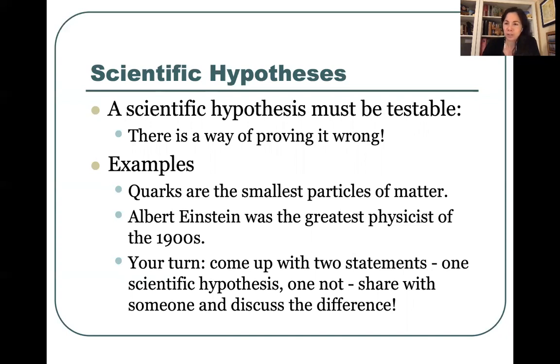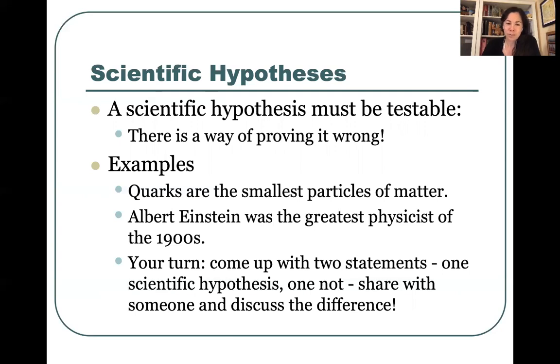All right, so we're going to look at a couple of examples. I'll read two statements, and then you can pause the video if you want. I want you to stop and think about whether they are testable or not. So the first one states that quarks are the smallest particles of matter. Quarks are something that come into the very last chapter of the semester. So eventually we'll talk about that.